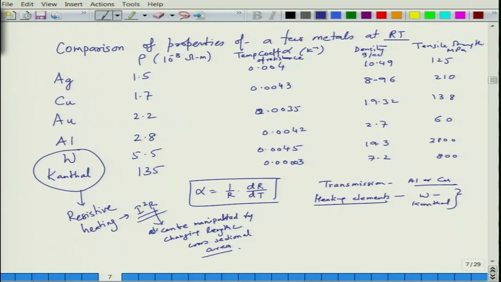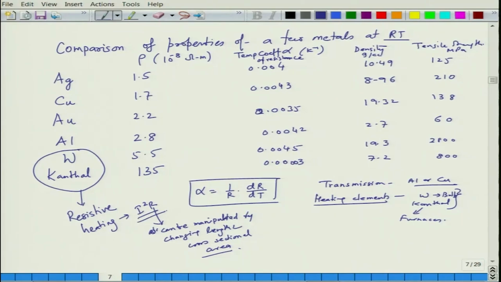These are used in bulbs and in furnaces. For heating elements we also need good oxidation resistance and high temperature strength, and so on.